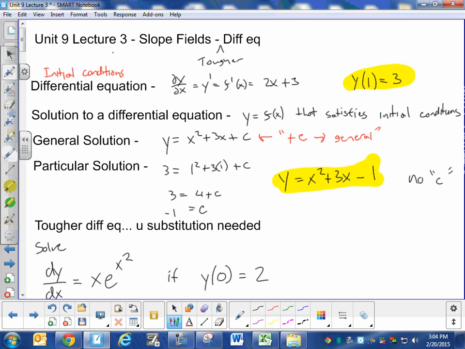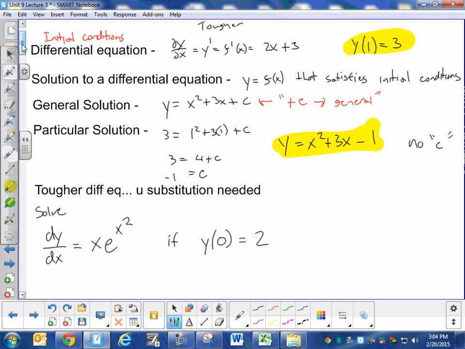Well, now that we know U substitution, I could ask you to solve a differential equation which you couldn't have solved until now. But you've been solving differential equations up until now, just with easier things that you can take the antiderivative of. So here's a differential equation. Dy dx is equal to x e to the x squared.